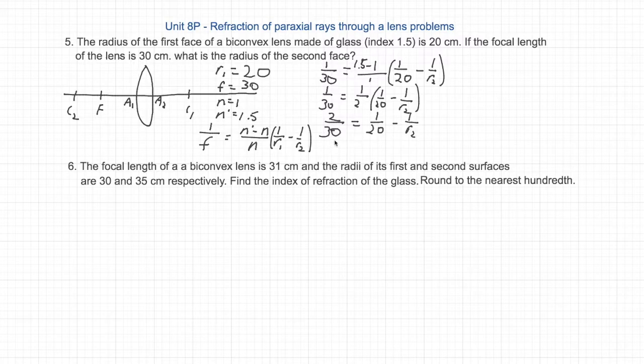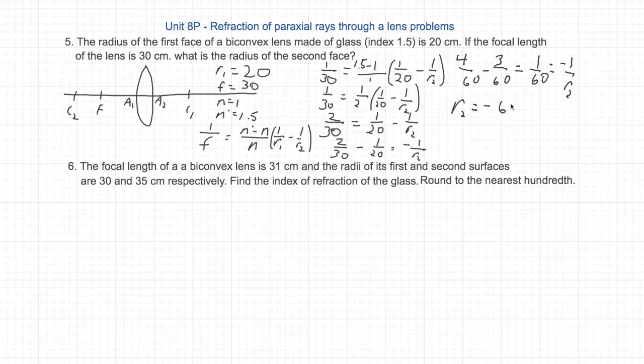We'll bring 1/20th over to the left side of the equation. We'll choose 60 as our common denominator. There we go. And we find that R2 equals negative 60 centimeters.